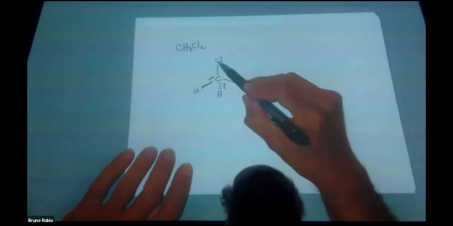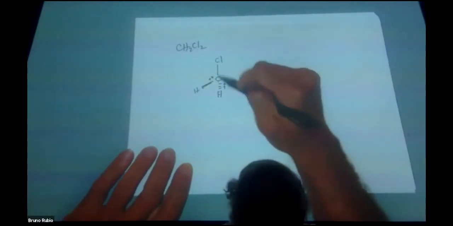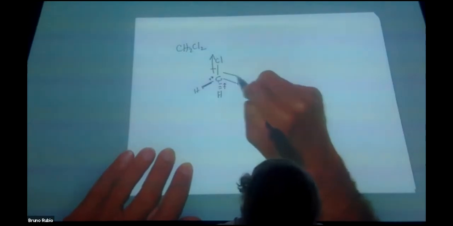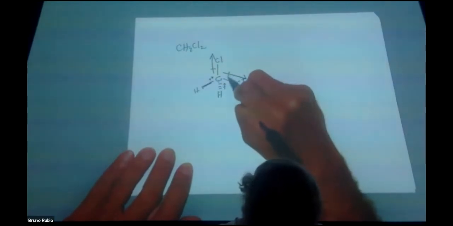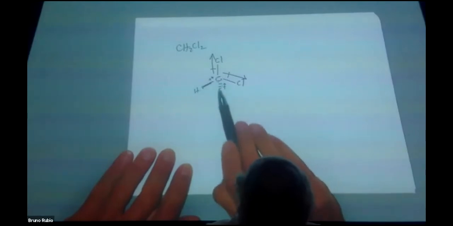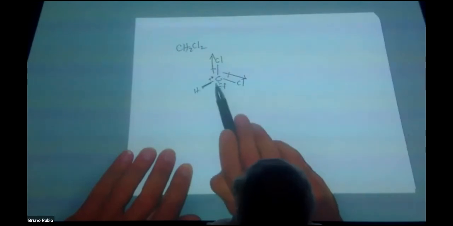But chlorine is much more electronegative than carbon. So this has a bond dipole and it's big. This has a bond dipole and that's big. And we can essentially ignore these carbon-hydrogen bond dipoles. The only thing we have to consider are these carbon-chlorine dipoles.